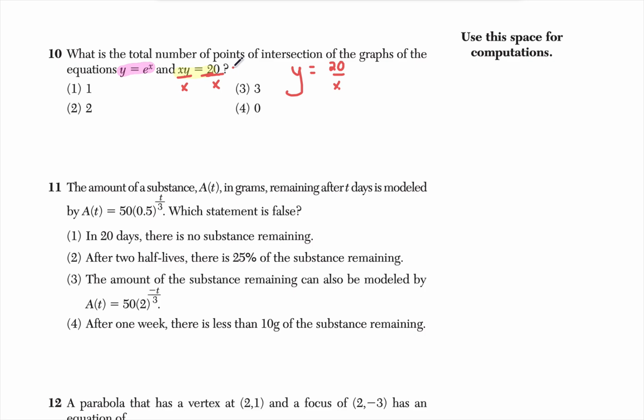I'm using my alpha little fraction bar to get that 20 over x to make it look good. 20 over x. I graph it. I get something that looks like this. Really rough.